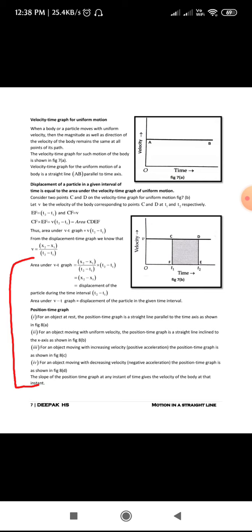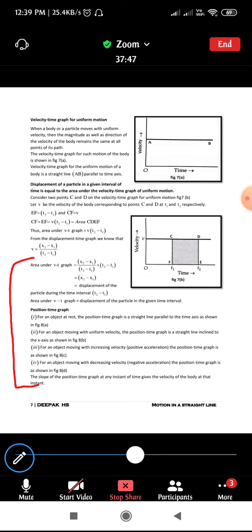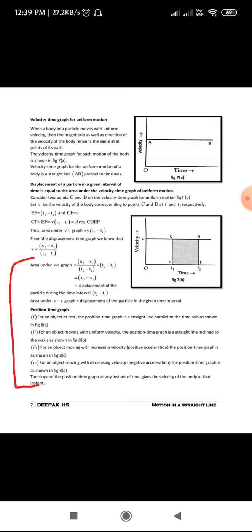The velocity time graph for the uniform motion of a body is a straight line. So see here, this graph denotes a particle or a body which is moving with uniform velocity. You can see it is a straight line which is parallel to the time axis. So the value of the velocity remains the same for all instants of time. So this is about the velocity time graph for a uniform motion.